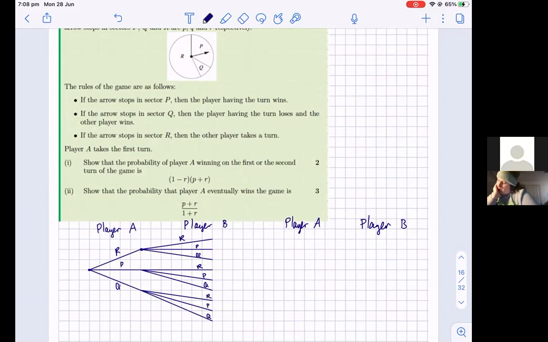This is the first and second turn of the game, so I'm not going to keep going. If it stops on sector P, then the player having the turn wins. So for player 1 to win, they could get P straight away. These then disappear.